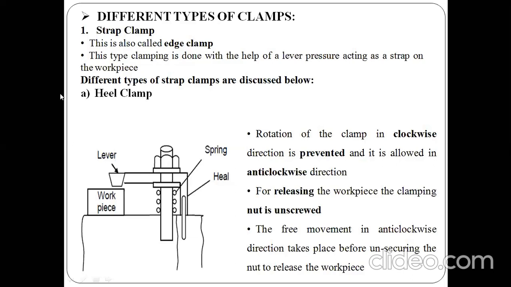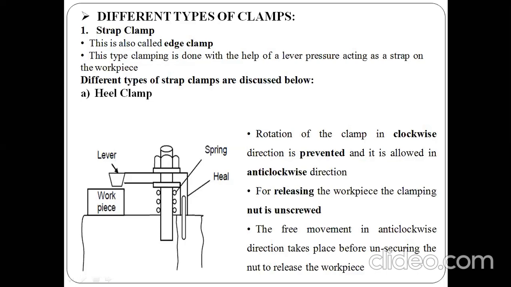So different types of strap clamps are discussed below. What are those? First type is your heel clamp. Now see this figure which represents the heel clamp. Identify the elements. Your workpiece is placed over this table and this lever, which is also known as a heel, is provided. The heel is connected to this lever and a spring loaded nut is again provided for proper application of pressure.